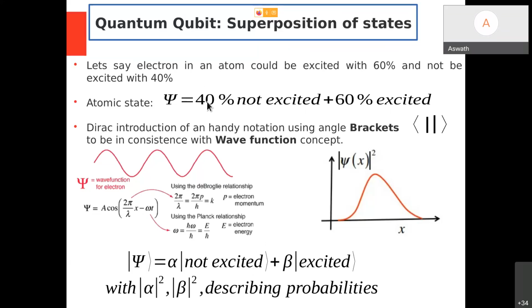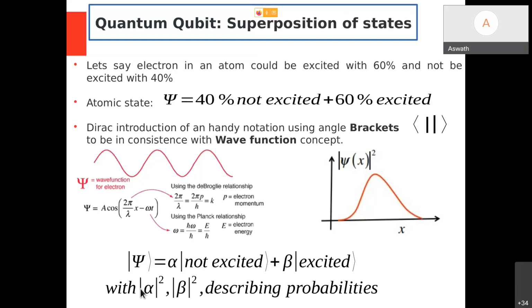For the 40% and 60% probabilities, I'll write alpha and beta instead. If I square alpha and beta and sum them, I will get 1. I put a constraint: alpha modulus square and beta modulus square describe the probabilities.